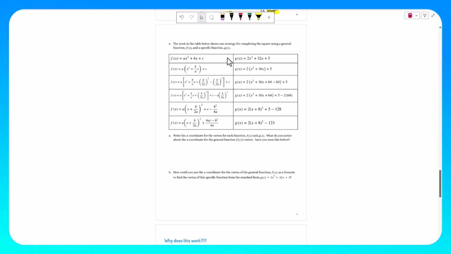And the last question. The work in the table below shows one strategy for completing the square using a general function f of x and a specific function g of x. So really what they've done is started in this general form, have gone through, taken the b. Notice when they pull out the a, the only way this is going to work is if the b is divided by a.